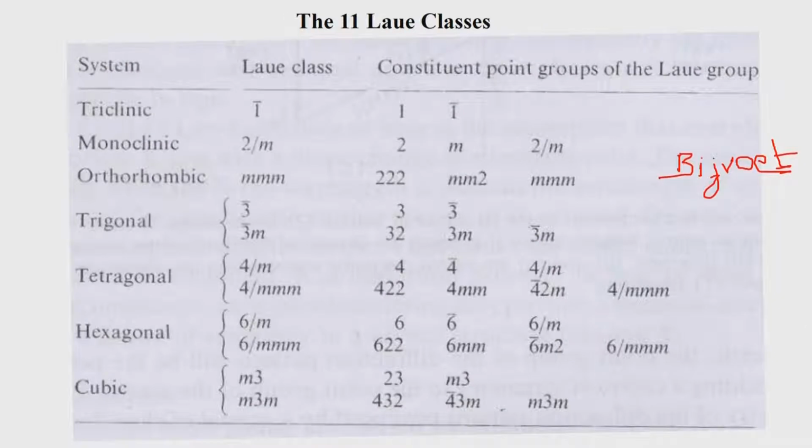What was f, which was a real quantity, now becomes f naught plus delta f prime, the real component on the Argand diagram, plus i delta f double prime.